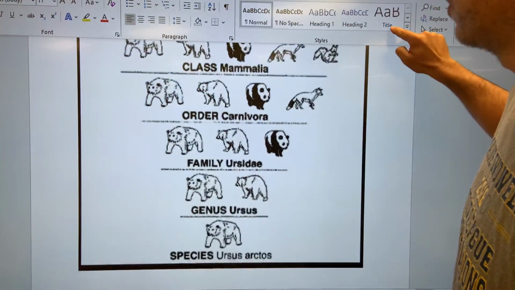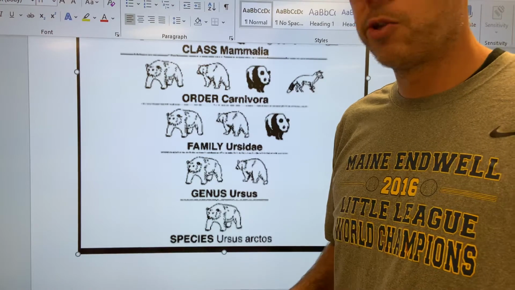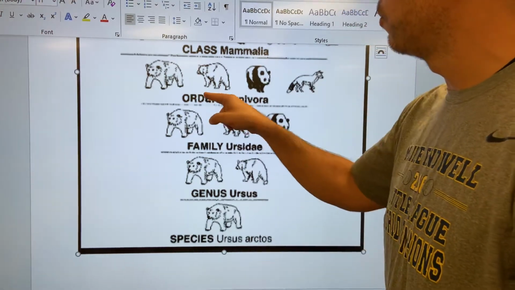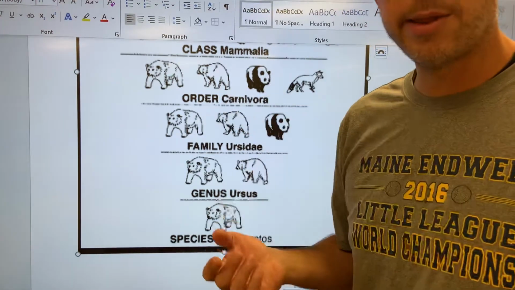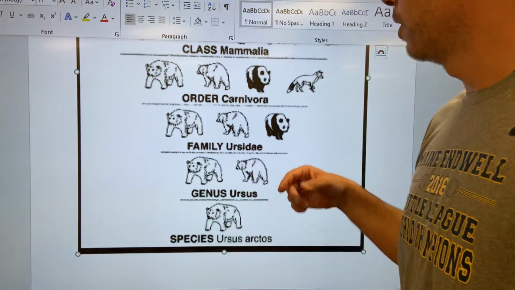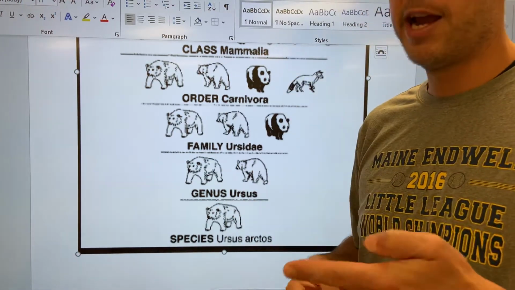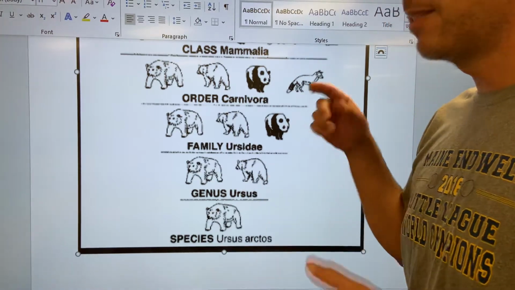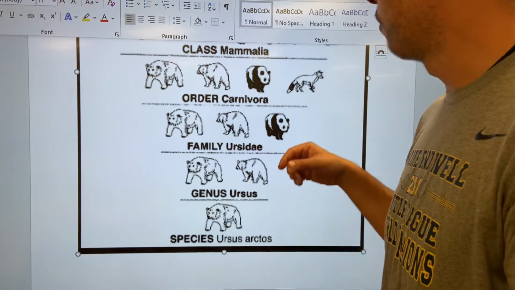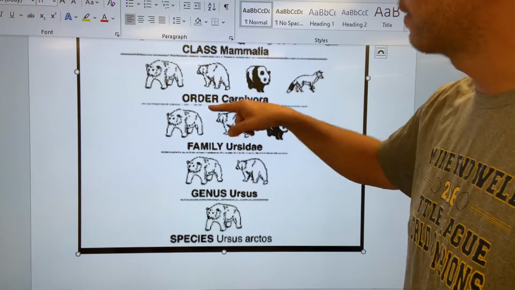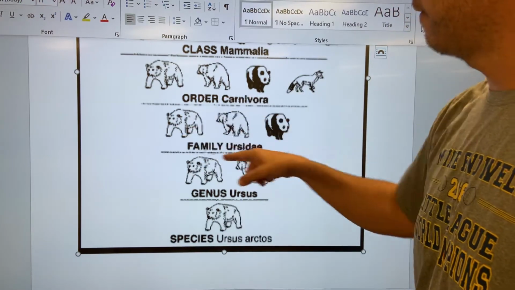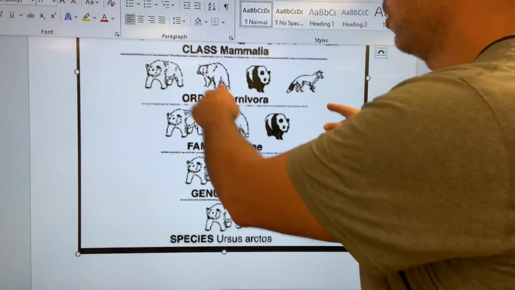And then the next one is, do you have meat as your primary source for your diet? If you do, then you're a carnivore, and your teeth are a certain way as well. So the panda makes it in there. Even though the panda is classified as a carnivore, it actually only eats bamboo, but its teeth and the way its digestive system is set up mean it still makes it in there. The fox too. The next one is the bear family here, Ursidae.